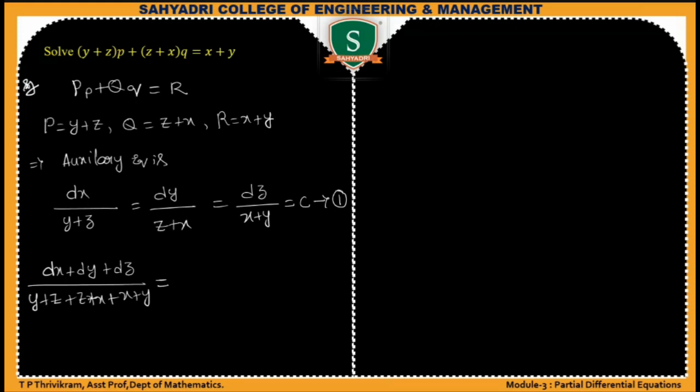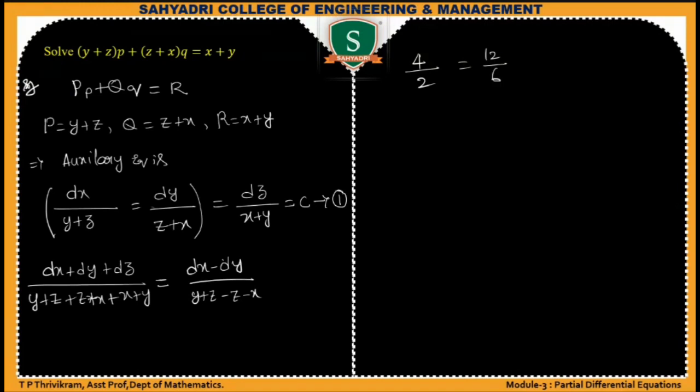Next, suppose I take these two terms, I'll subtract one from the other. Suppose I take dx minus dy, the denominator also you have to subtract. What happens? Y plus z minus z minus x. This ratio will also be the same. Suppose you want, you can take this also. 4 by 2 is equal to 12 by 6, right?